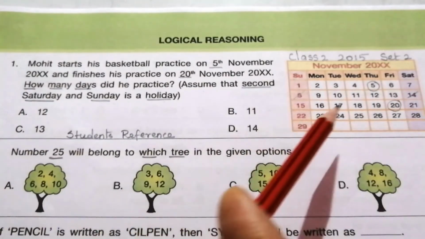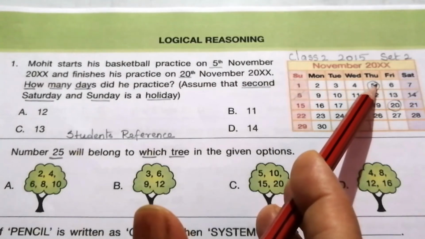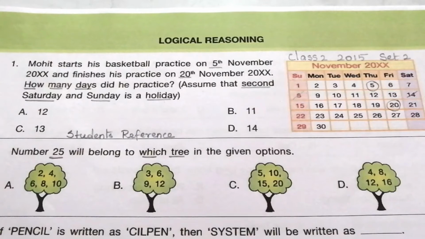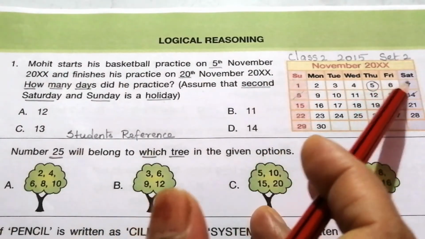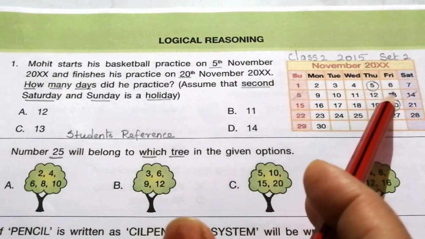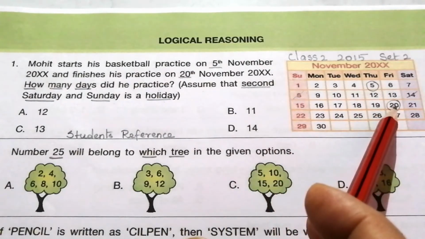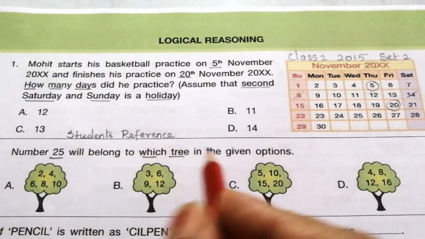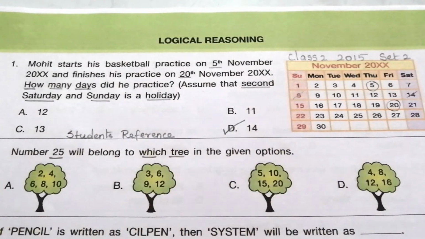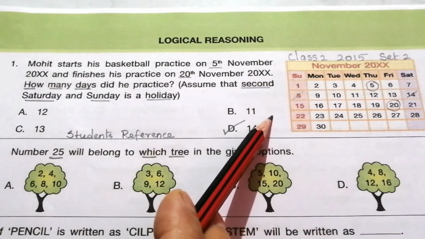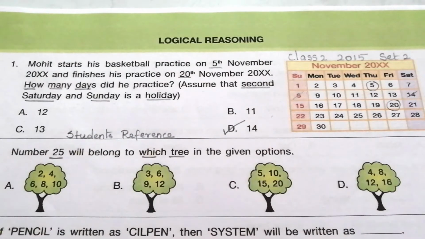Now you have to count the remaining days from 5 to 20. 1, 2, 3, 4, 5, 6, 7, 8, 9, 10, 11, 12, 13, 14. So the answer is D, 14. This is a very important question. This is a repeatedly asked question.